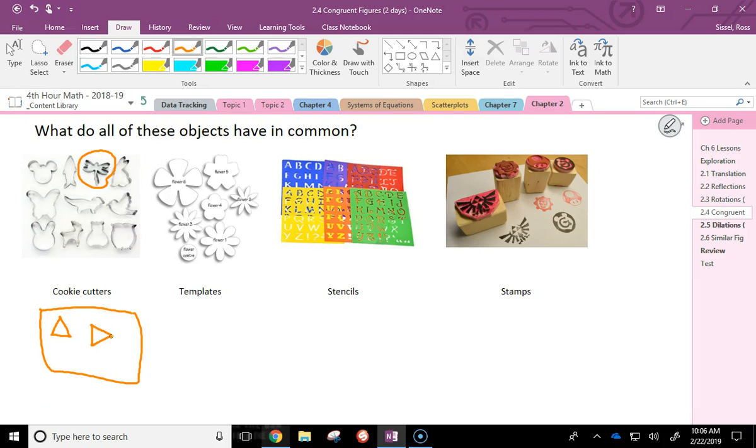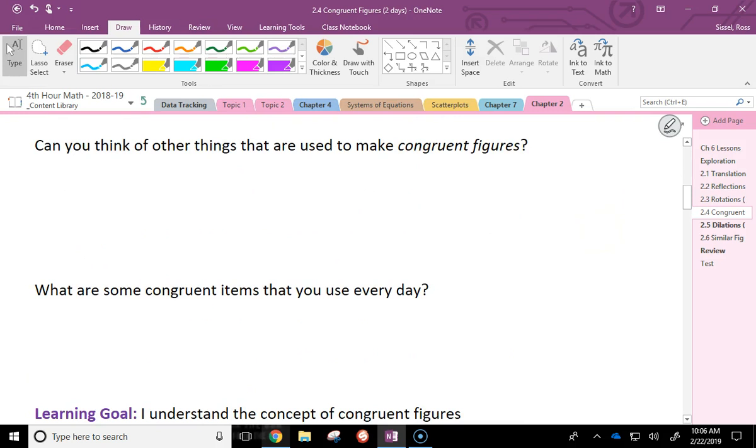If I chose this flower, or the Y stencil, or this stamp, every time I use it, I'm going to get an exact copy. And when we say exact copy, remember, it might be turned, it might be located in different places, but the size and the shape, and when I say shape, remember where everything's laid out, they're exactly the same. Nothing changed. That is what we're going to be working on today.